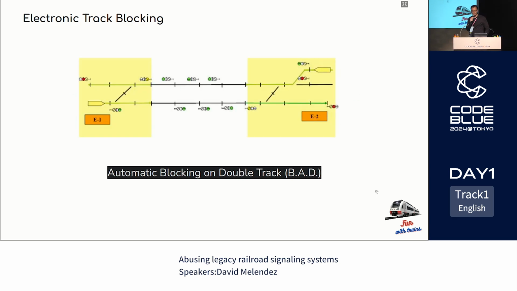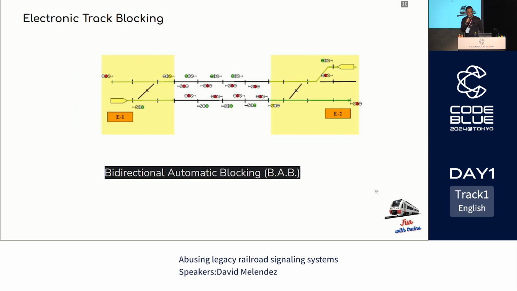This is the case of a double track system, in which one track is for one direction and the other track is for the reverse direction. And this is a bidirectional automatic blocking, maybe the most typical application nowadays.